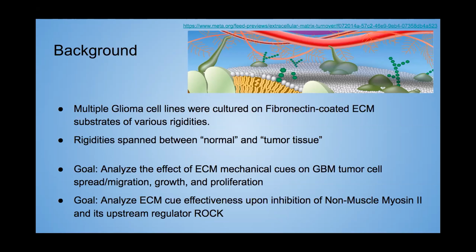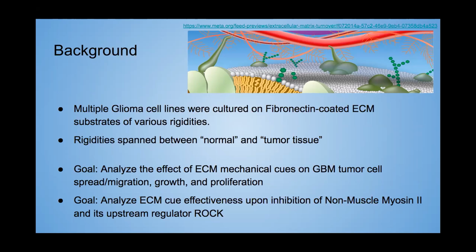I have a question. Where does the normal and then tumor rigidity lie on that scale? So they don't actually say that. Normal and tumor tissue is just something they say at one point in the paper. I believe though, based on reading the paper and the methods and materials, that normal is going to be about 0.8.